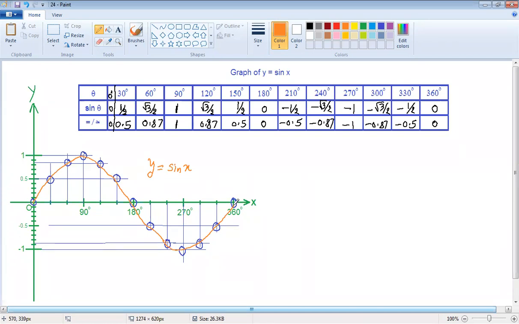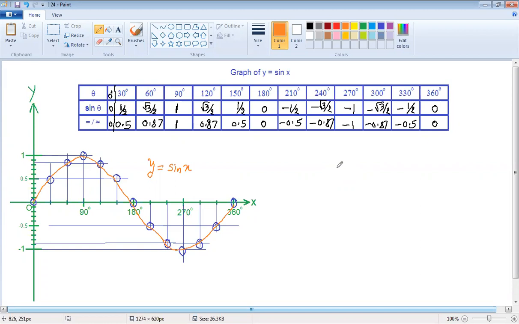Now this was a topic related to simple harmonic motion. Simple harmonic motion is a specific kind of oscillatory motion. A day-to-day life example of oscillatory motion is when wind blows, the leaves of the tree move to and fro.